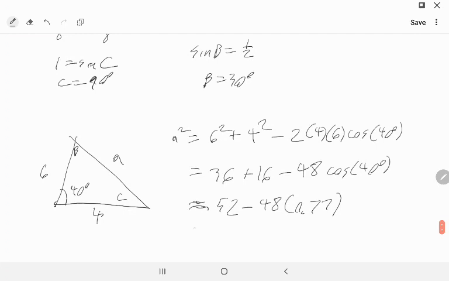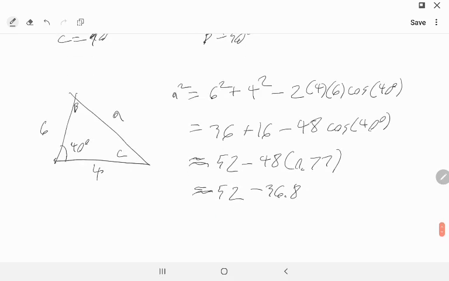Remember, we can't subtract until we first take 48 times 0.77. So we'll get approximately 36.8. This is all a lot of approximation. So 52 minus 36.8 gives us 15.2. Double check that. We're going to get 46, 51, yep, 15.2.